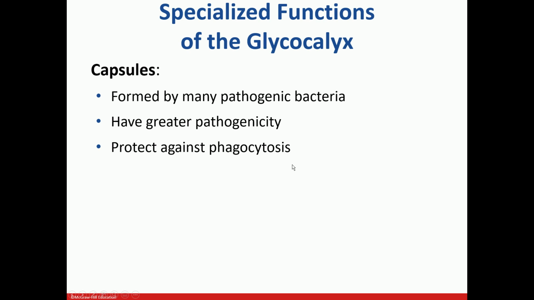Phagocytosis is a process done by our own immune system to kill all these infectious things which are entering our body. So it's a kind of immune response, and the bacteria which produce these capsules can protect themselves against this process of phagocytosis.